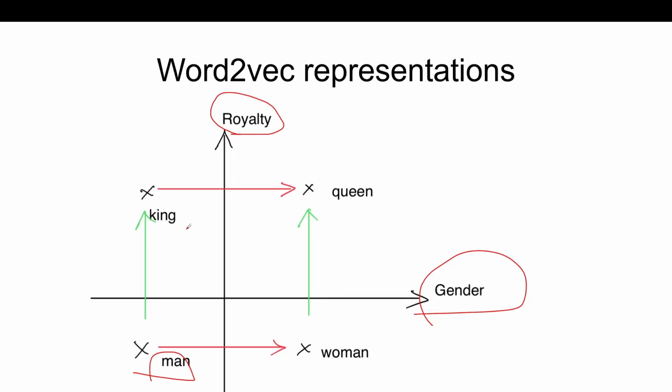This is just a simple example. We can do other more complicated things, for example, figure out the capital of each country and so on. All these manipulations can be done in embedding space.